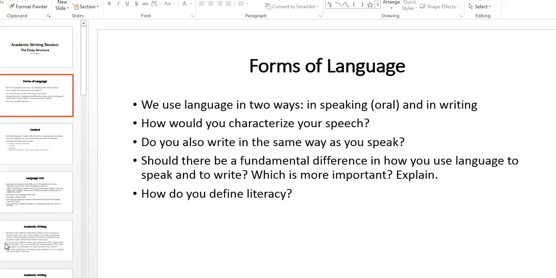Normally in class, I would ask for a survey of the class in terms of how each person in the class uses language to speak, or how they would characterize their speech. Some general observations people have made in response to this prompt is that when speaking they tend to use language in a more relaxed way.